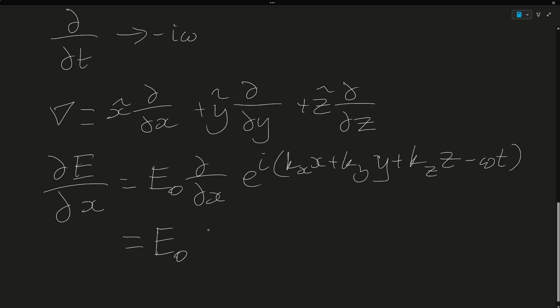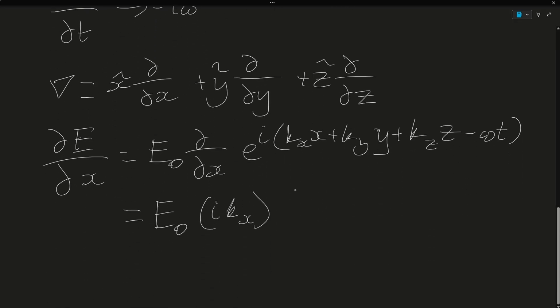Well, it's E0 times, differentiating this, i kx, because we're differentiating with respect to x, times e to the i(k dot r minus omega t), which is just i kx E.